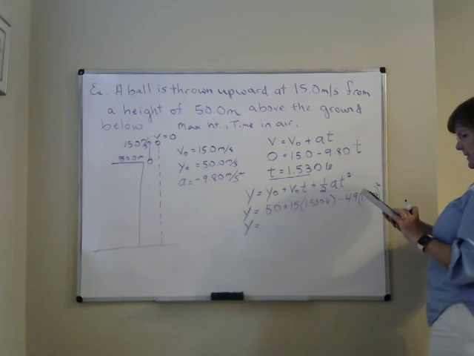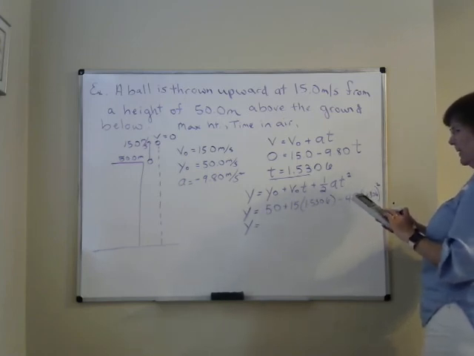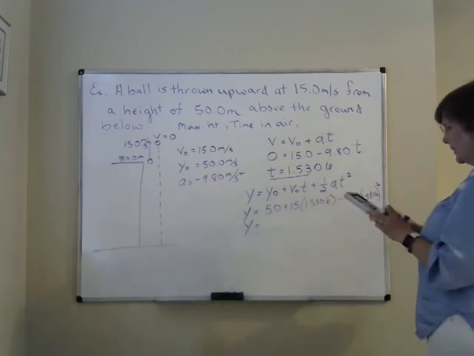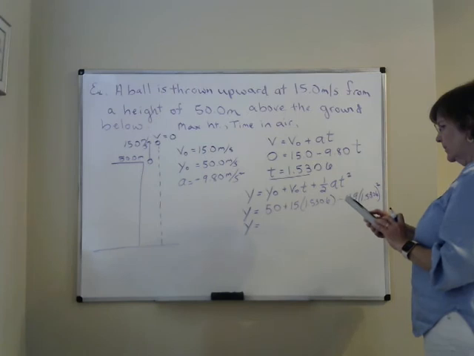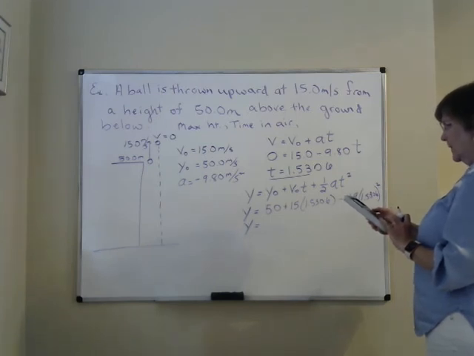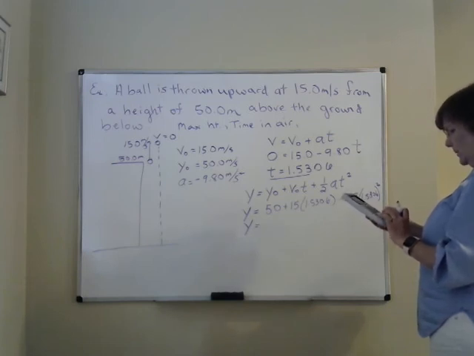So I have 50 plus 15 times 1.5306. I just put these extra digits so I don't get a rounding error too soon. Minus 4.9 and then 1.5306 squared.